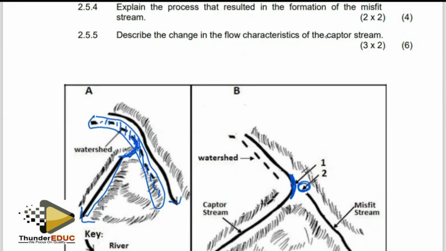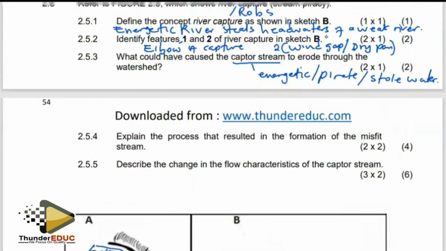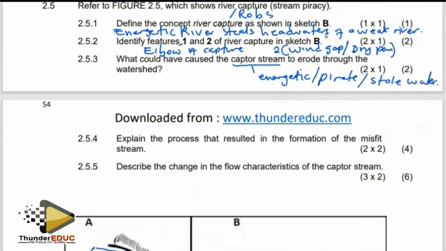That's why when you look at figure B, you can see nicely that the other river has been robbed of its source.